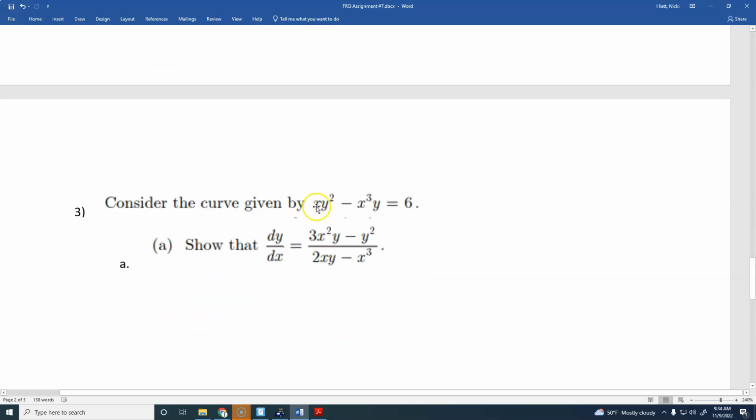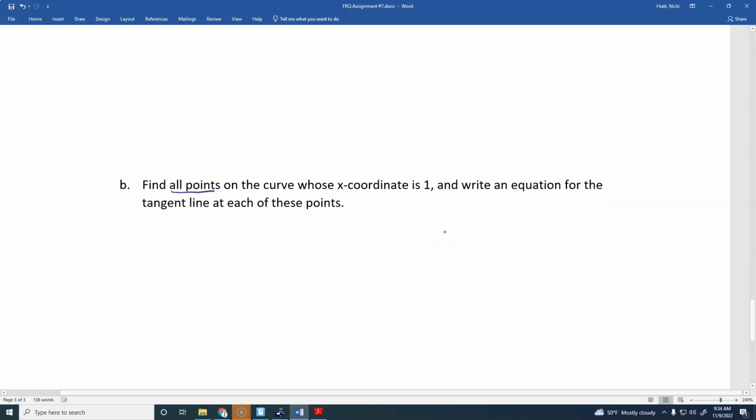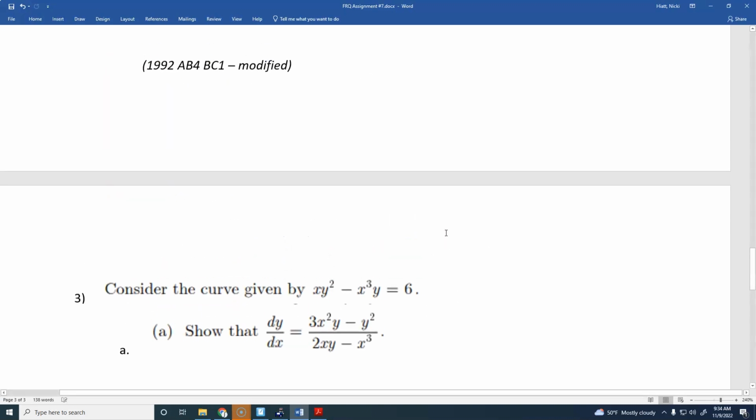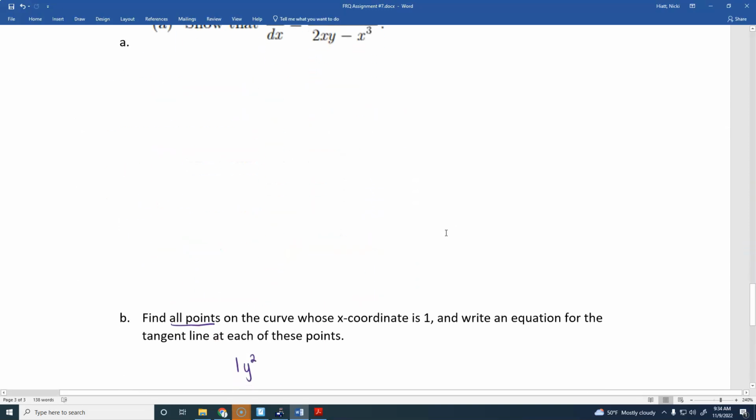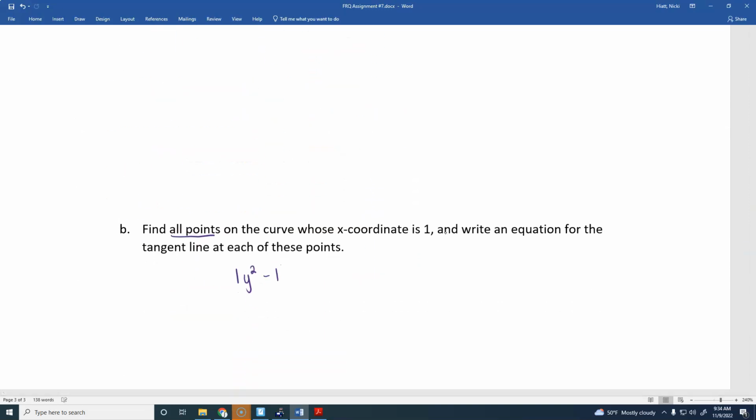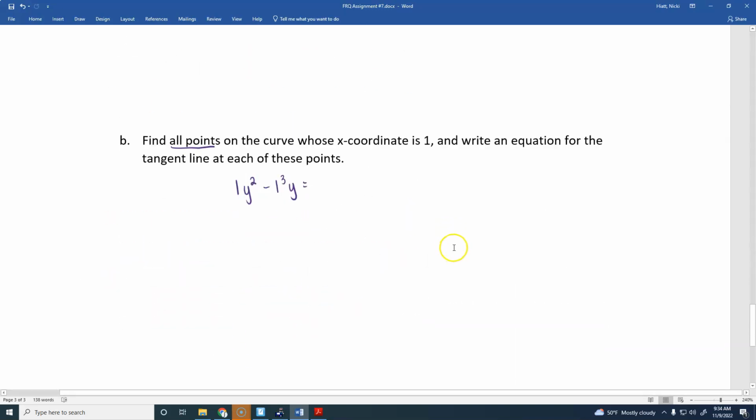The original equation, this xy squared minus x cubed y equals 6. So I'm going to have 1 times y squared minus 1 cubed times y equals 6. So this is y squared minus y equals 6.